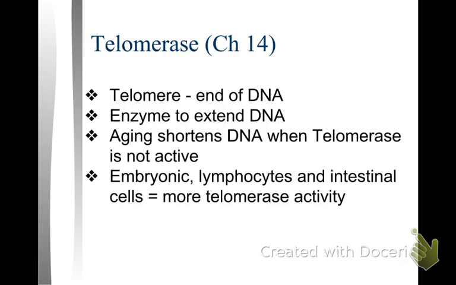So the telomerase, which is the enzyme that repairs those telomeres, is active much longer in those cells, as well as in the embryonic cell, because again, you don't want your DNA, when you're developing, to start shortening all of a sudden before you're even 2 years old.